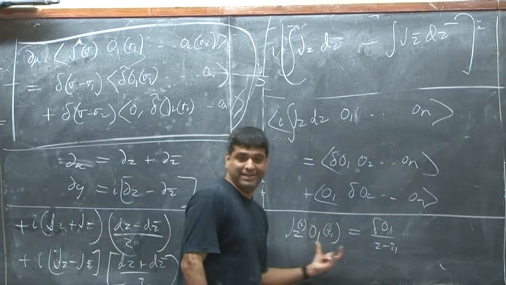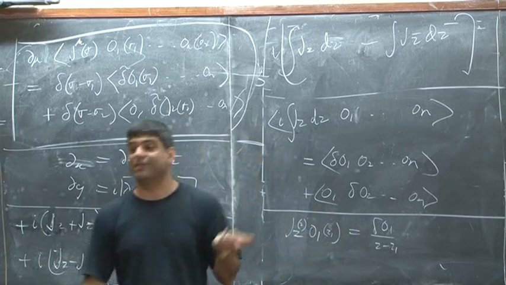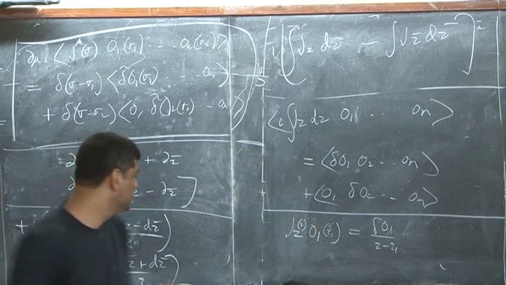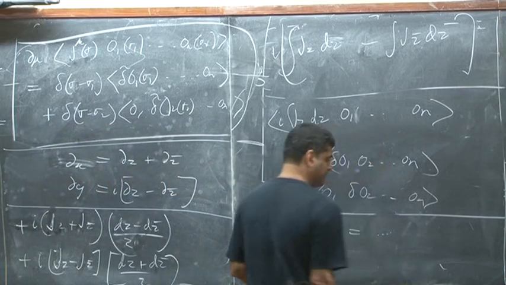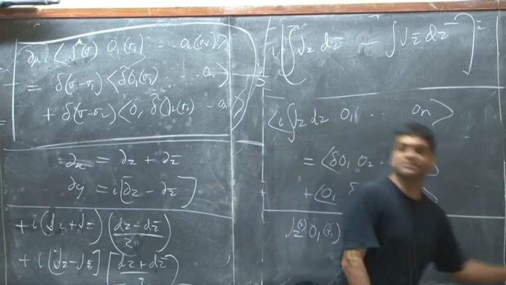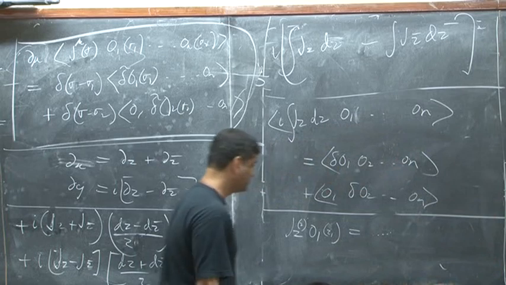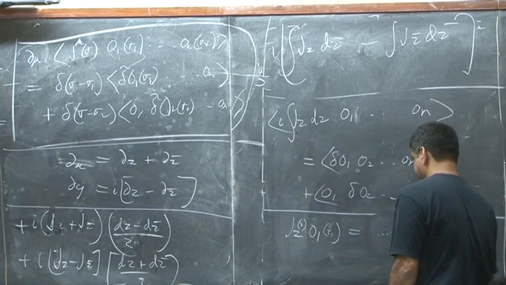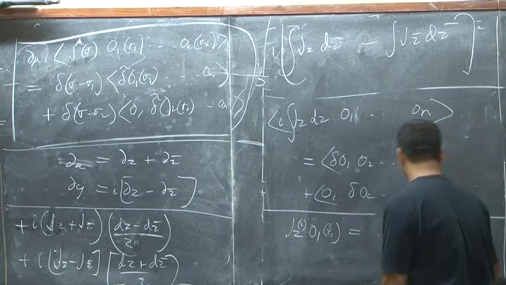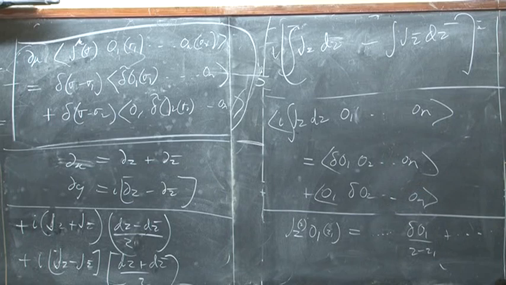There could be worse singularities. There could be 1 over Z minus Z1 square singularities that we don't know anything about. So let's put a dot. And there could be lots of regular terms that we don't know anything about. Delta O1 by Z minus Z1 plus dot. That we don't know anything about.